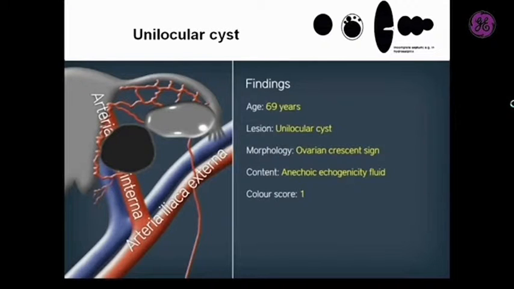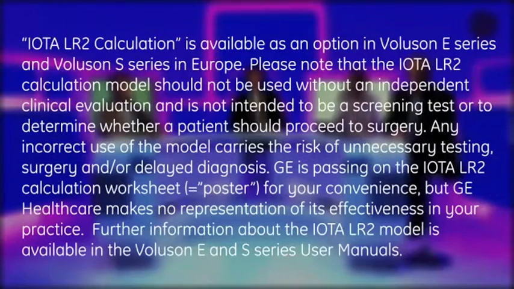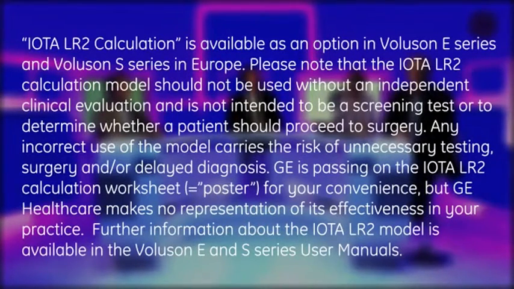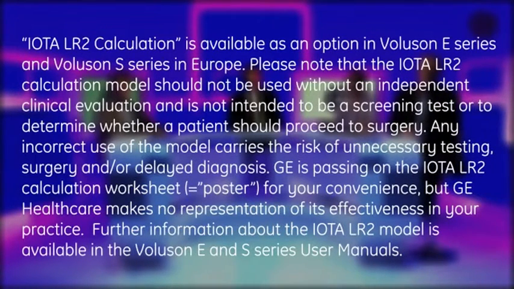The unilocular cysts are cysts without any solid component, without the presence of septa. For instance, the presence of incomplete septa is not regarded as a solid papillary structure.